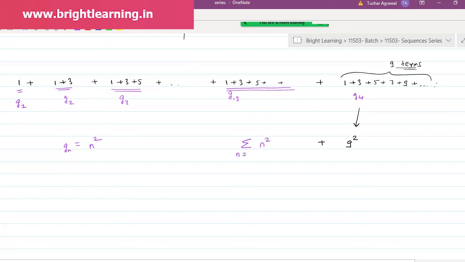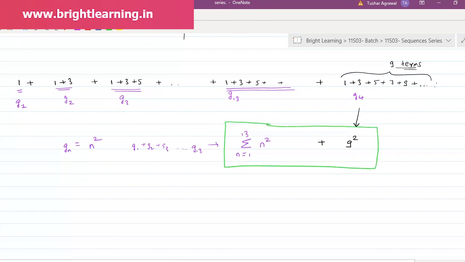That is the summation of Gn, where n varies from 1 to 13. I want G1 plus G2 plus G3 up to G13. So my final answer would be the summation of n square from n equal to 1 to 13, and then separately 9 square. This 9 square is separate.